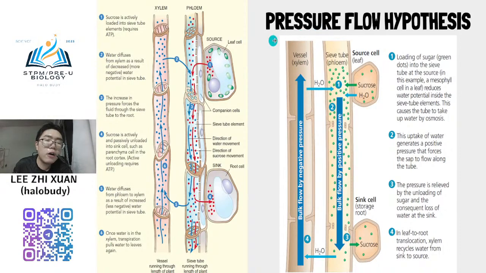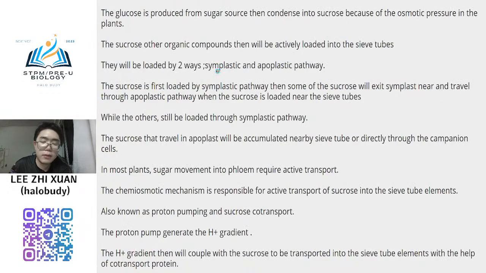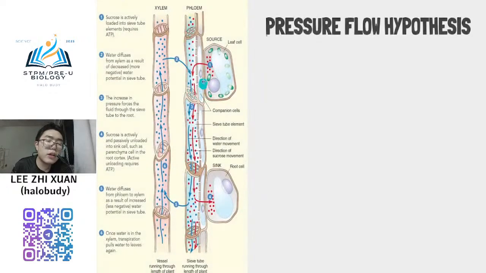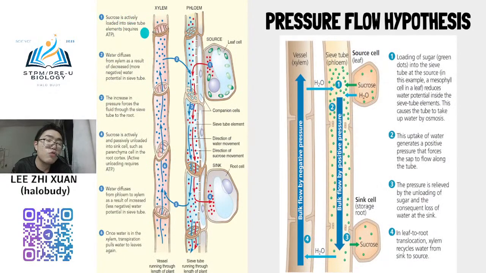One of the ways of translocation is the pressure flow hypothesis. So what is this? If you see this diagram, on this left hand side, the first step is the step that I already mentioned here: your sucrose will be actively loaded into the sieve tube element.